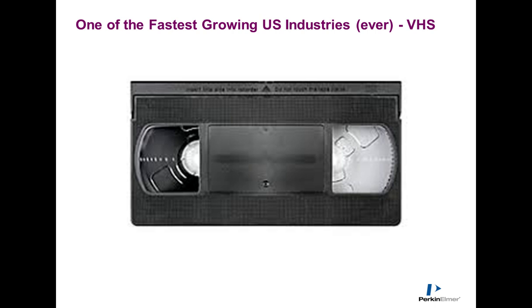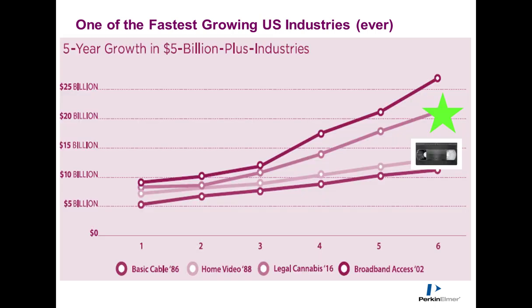And one reference I like to speak to is how quickly this industry is growing as a whole. For those that remember the VHS tape, every household in America, and if not the globe, quickly adopted VHS as the most preferred media for watching movies. What we can do is compare the growth of VHS acceptance to the growth of the cannabis and hemp market.